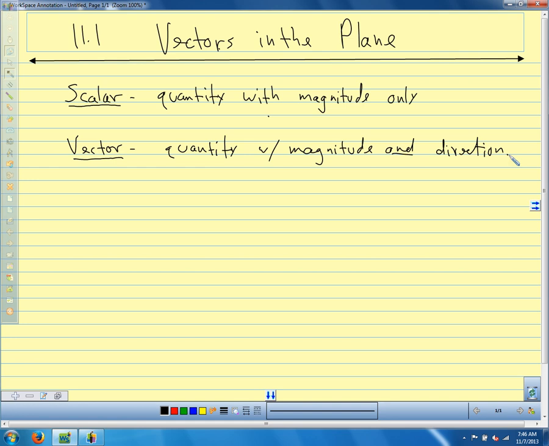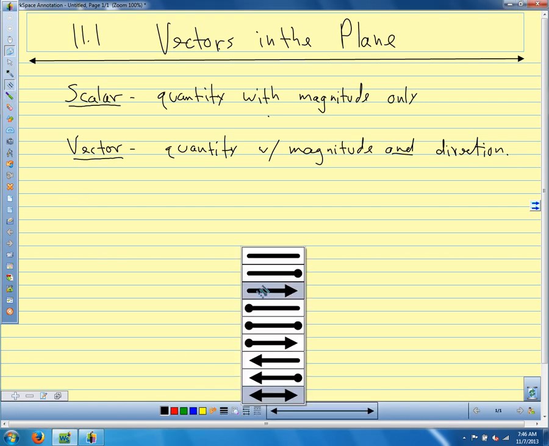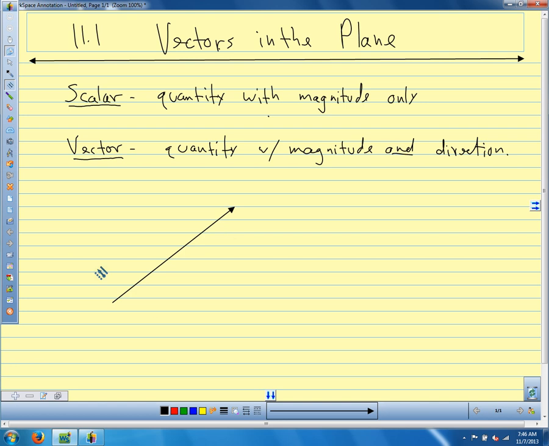The way we represent vectors, we think of vectors as a directed line segment. So here's our vector. And we will take this idea of a directed line segment and do a whole lot with it.